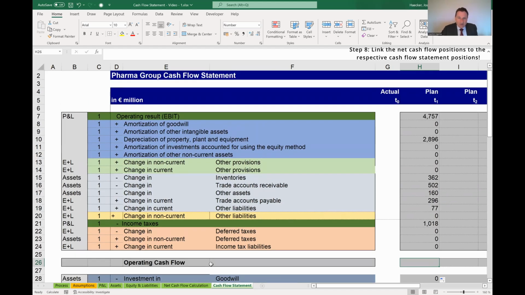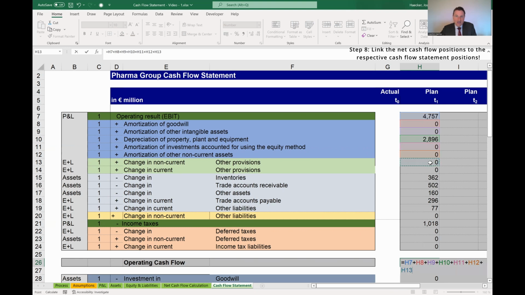Let's calculate the operating cash flow equals EBIT. And now always check, is it a plus or is it a minus? Equals EBIT plus D&A plus change in non-current other provisions plus change in current provisions minus the change in inventories because it's on the asset side, minus the trade accounts receivable.